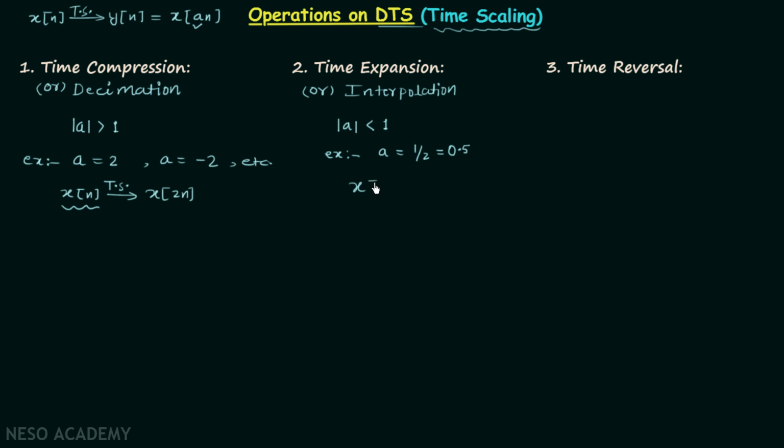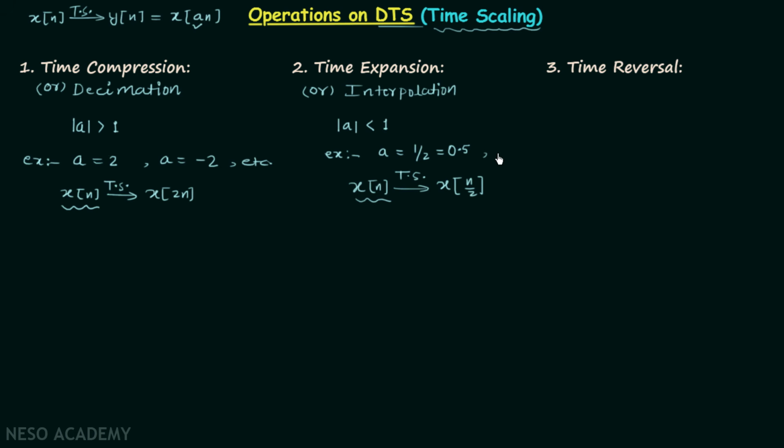If there is a discrete time signal x[n], and if we perform the time scaling with a equal to 1 by 2, we will get a new signal x[n/2]. When you compare the waveforms of the two signals, you will find the waveform of this signal is expanded as compared to the other. Therefore, this particular case is known as time expansion.